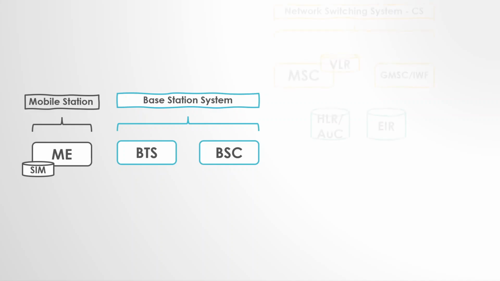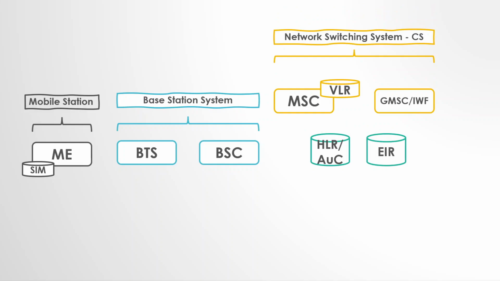Then we have network switching system, which typically includes the following entities: Mobile Services Switching Center (MSC), an exchange which performs all the switching and signaling functions for mobile stations located in a geographical area designated as the MSC area.